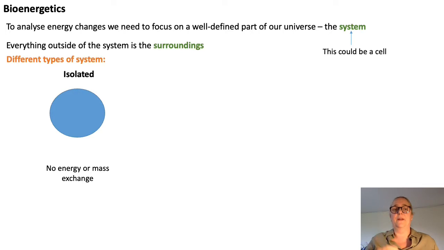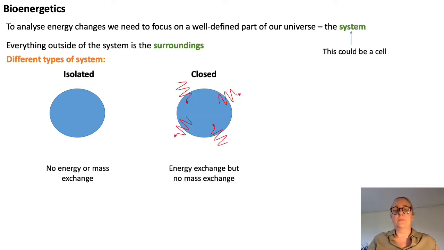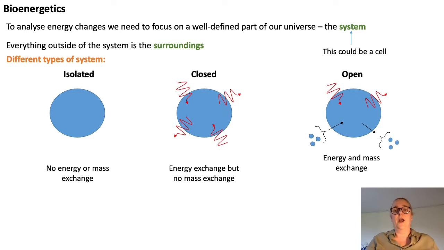We have different types of systems. In an isolated system, there's no energy or mass exchange. In a closed system, there is energy exchange but no mass exchange. Whilst in an open system, there is energy and mass exchange.